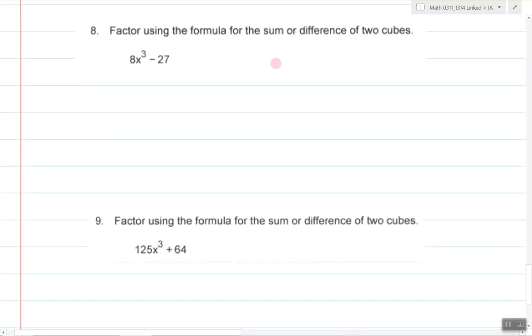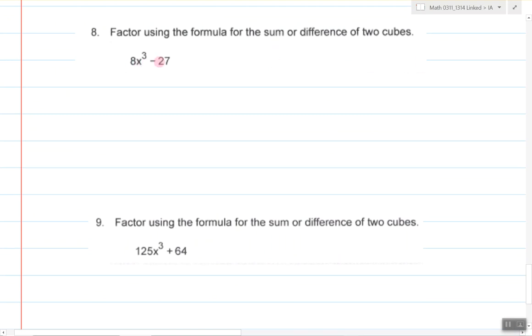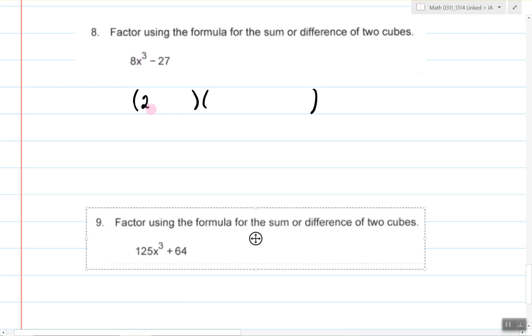Let's look at number 8. No GCF, binomial. The cube immediately makes me think about cubes. 8x cubed is a perfect cube. 27 is a perfect cube. So I will try parentheses and then bigger. First one, the roots with the same sign. The cube root of 8x to the third is 2x.